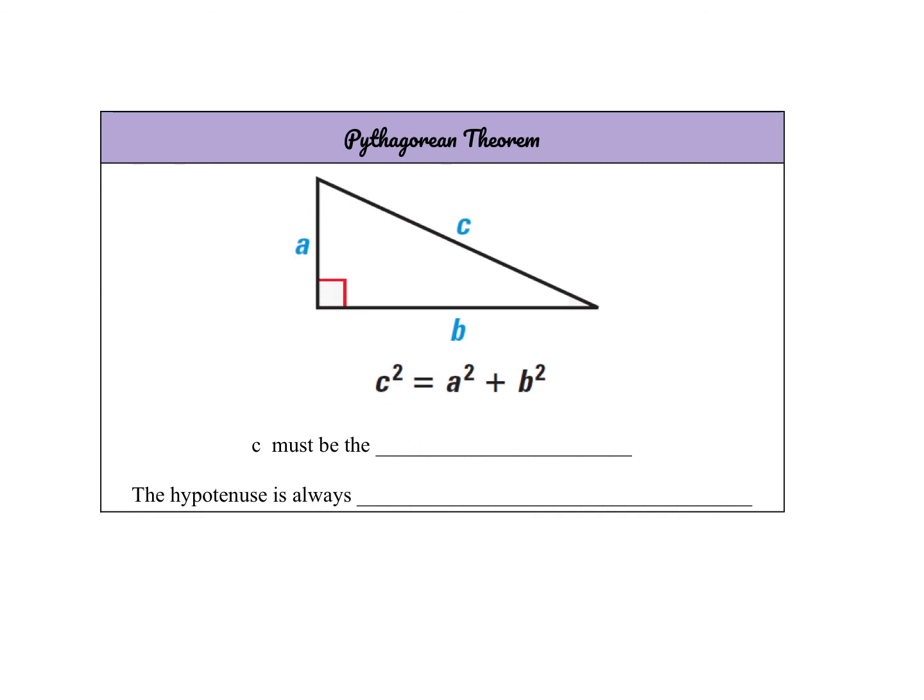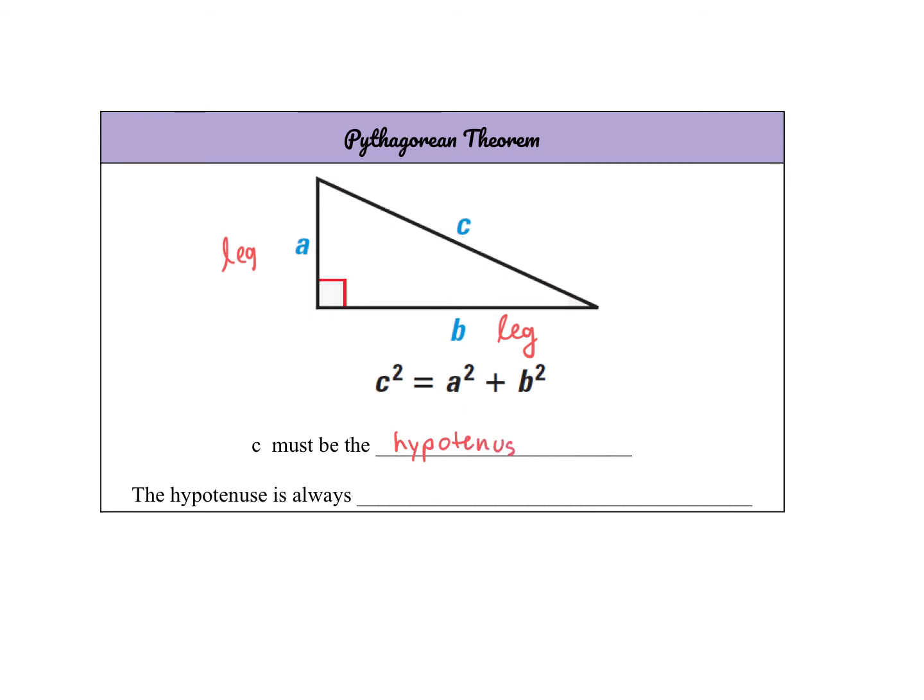The important thing to remember here is that a and b are interchangeable. They're the two legs of your triangle. So this is called a leg, this is called a leg, but c must be the hypotenuse.